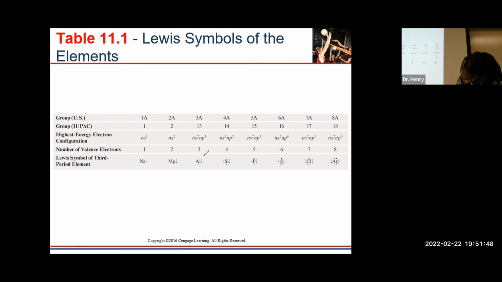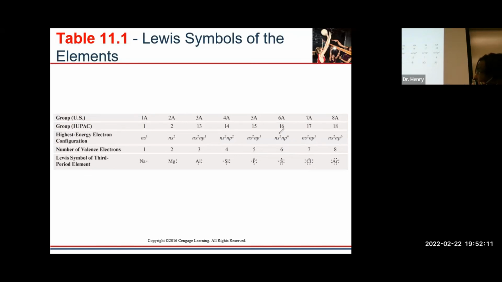Aluminum has 3. So it has 2 in the s, 1 in the p. Silicon has 4. 2 in the s, 2 in the p. Phosphorus has 5. 2 in the s, 3 in the p. 5 dots around it.